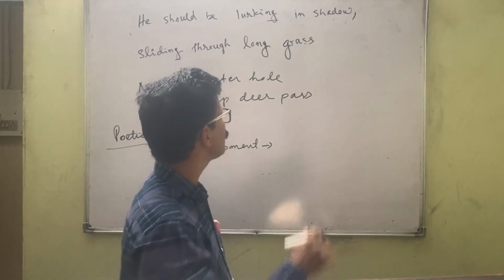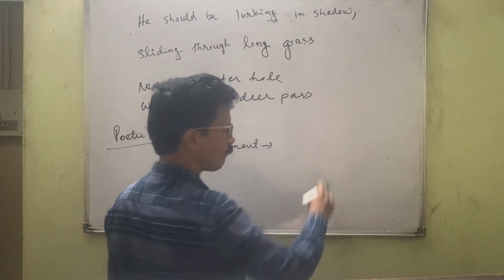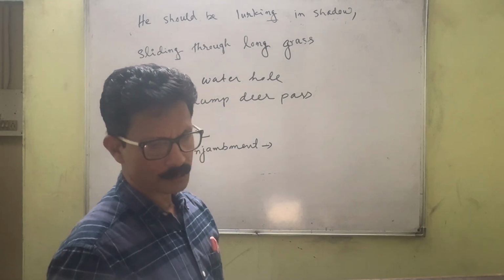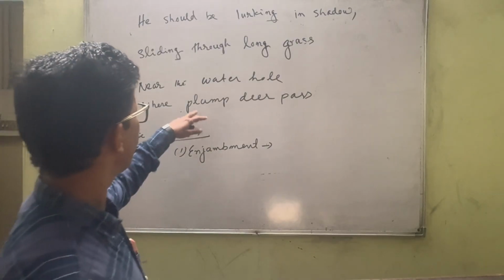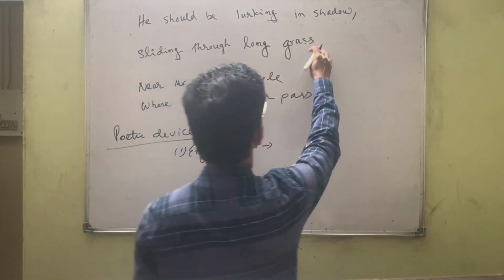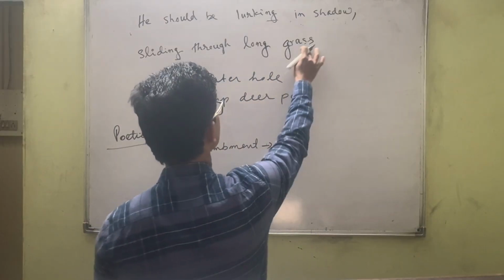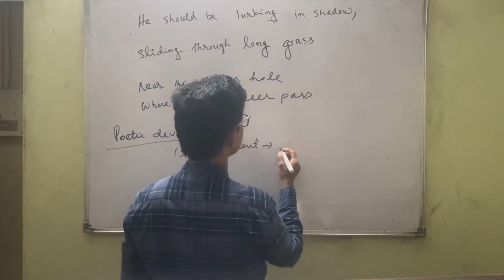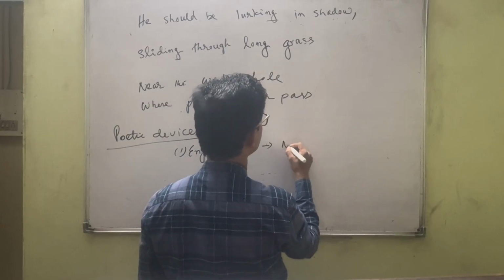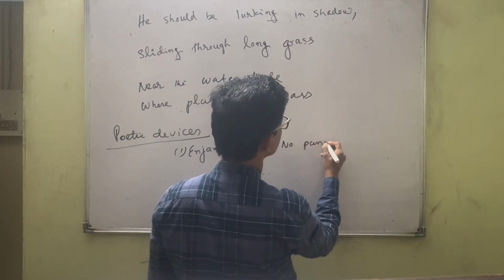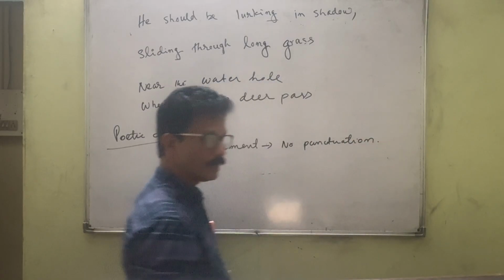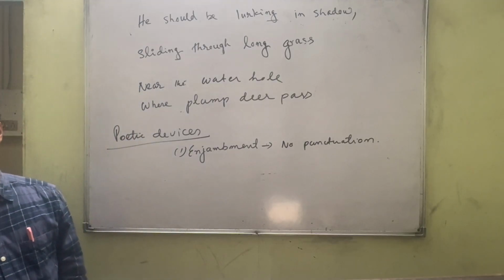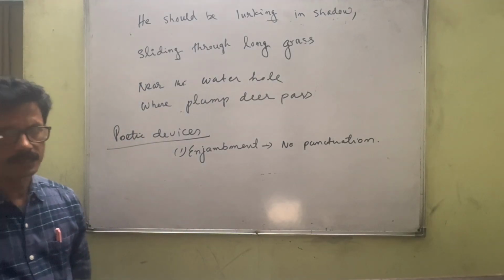But here nothing is used. So this is where from deer pass. Understand my point? So here there is no punctuation mark used. So number one is enjambment. No punctuation. It's the first literary device in this stanza.